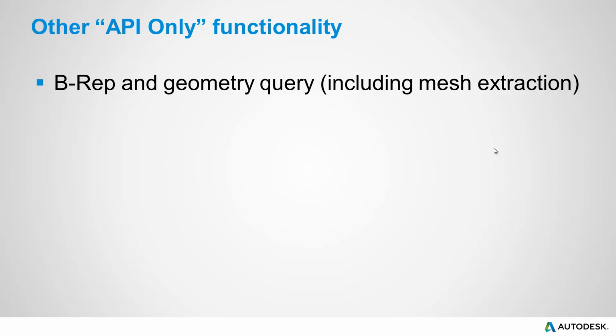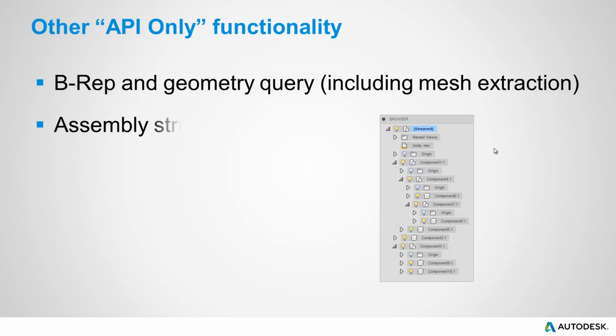But if I do that through a program, I can draw the box, but how do I tell it those 2 edges without asking the user? I know which 2 edges I want, so I need to use this part of the API to be able to query. I can ask the box, okay, what are the edges that exist in this box now? And then I could look at those edges to see where they're positioned in space and figure out which of the 2 edges I want to add the fillet to.